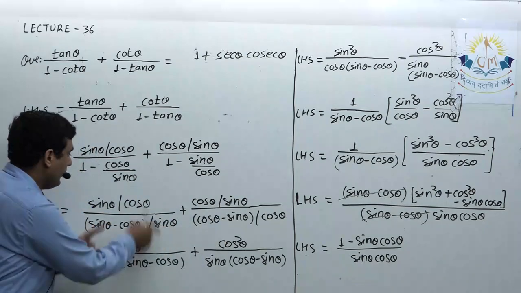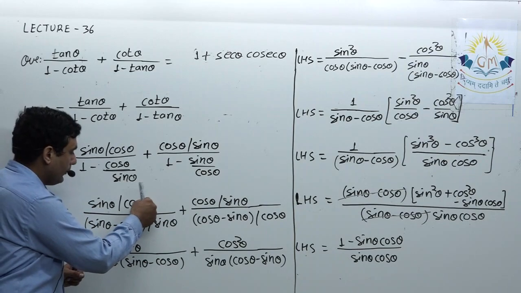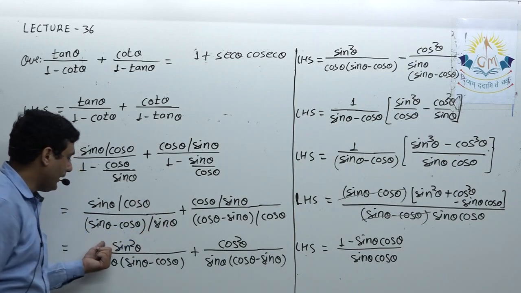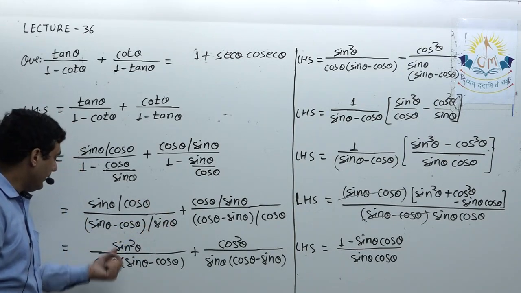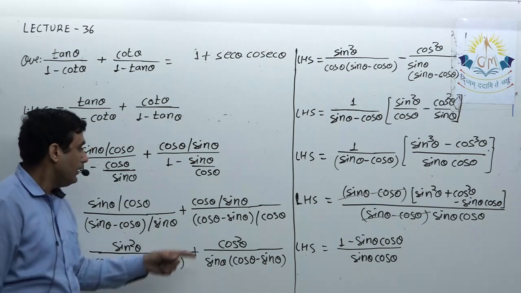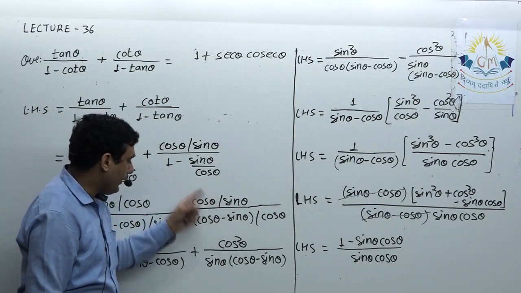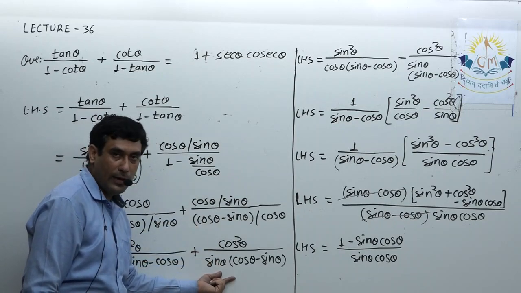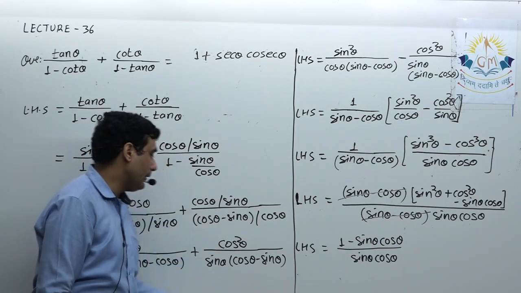Then I simplified this. So here I got sin square theta into cos theta multiplied by sin minus cos. Over here I got cos square theta upon sin multiplied by cos minus sin.